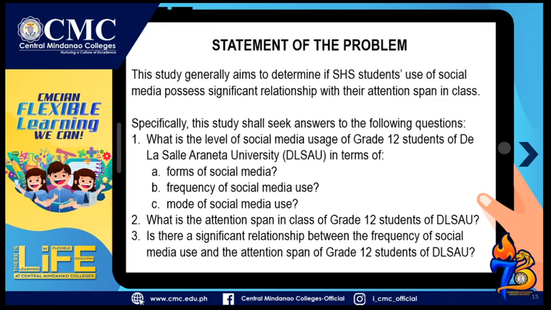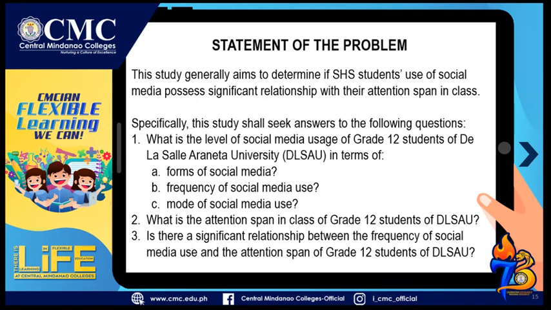Example of the statement of the problem: this study generally aims to determine if senior high school students' use of social media possesses a significant relationship with their attention span in class. Especially, this study shall seek answers to the following questions.